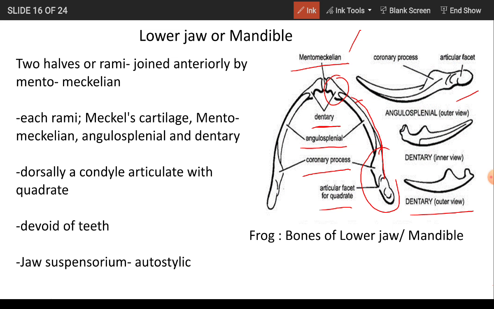And this is the dentary bone of the lower jaw. Hope you could understand the bones of the lower jaw and its articulation with the skull.